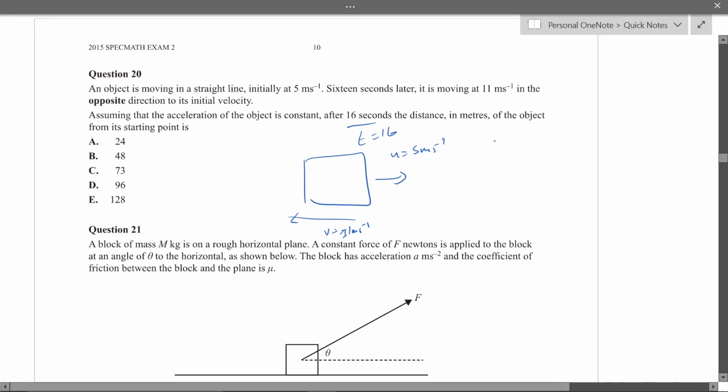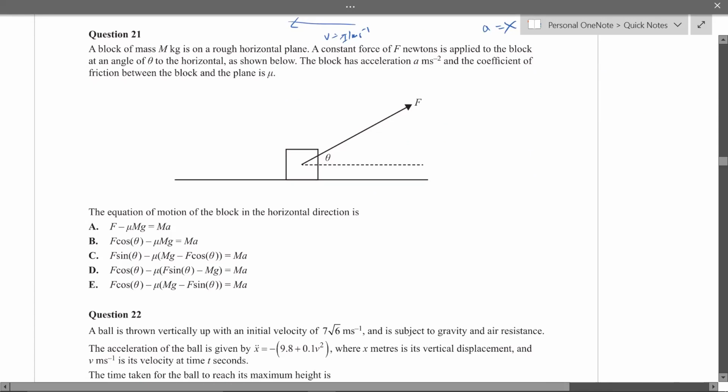You have u is 5, v is -11, t is 16, and you want to find s. So the equation would be s equals half (u plus v) t, because you're looking for the one that doesn't have acceleration. If you sub everything in there, you get -48, but it's just asking the distance, so it's not signed, so you can take out the negative, so it's B.